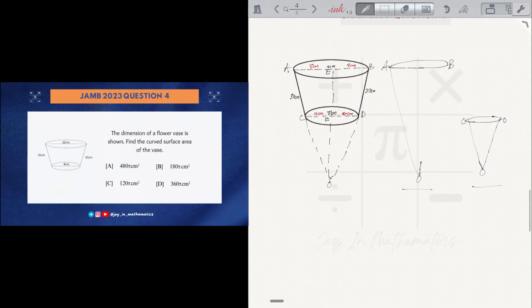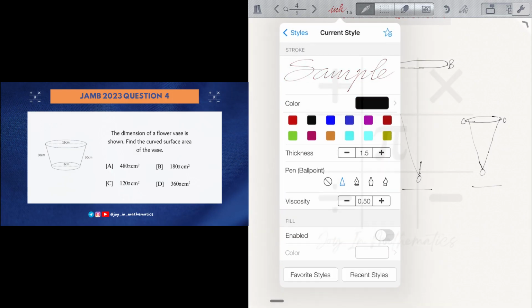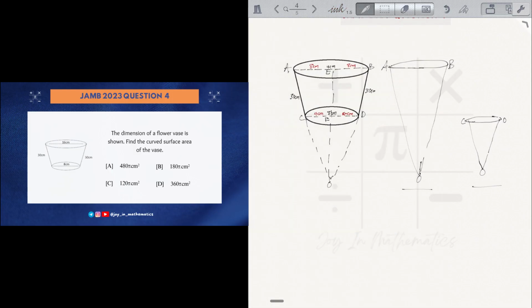So let's now come to this triangle here, or the cone. If we divide the cone, bisect it again, we would have a right angle triangle as when we bisect the cone. Similarly for CDO, a right angle triangle.